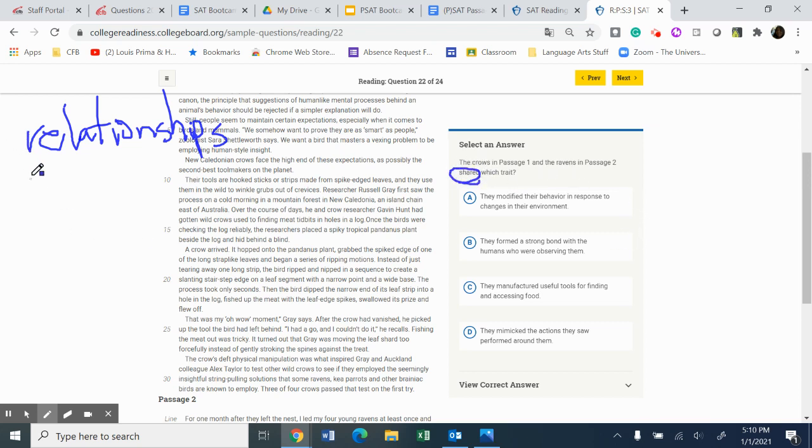I also know in informational that I'm going to be asked what the main claims or the main point of the author are. I also know that I will be asked to summarize what happened, for instance, what the main points are. What's the main point of this passage, and then also what are some secondary points?